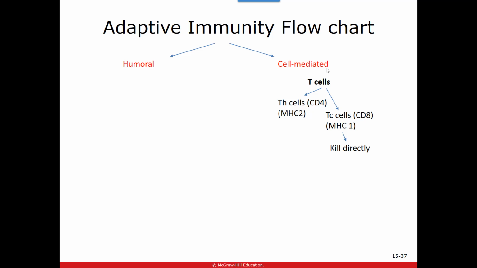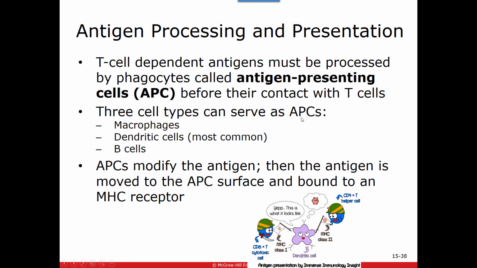T cell dependent antigens have to be processed by phagocytes called antigen-presenting cells before they come in contact with the T cell, which means we need an antigen-presenting cell to present the antigen to our T cells, because those antigen-presenting cells are going to have those class 1 and or class 2 antigens on them.